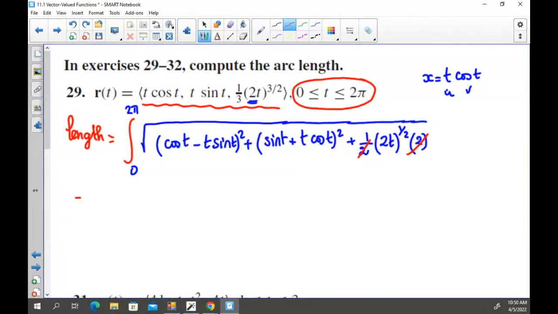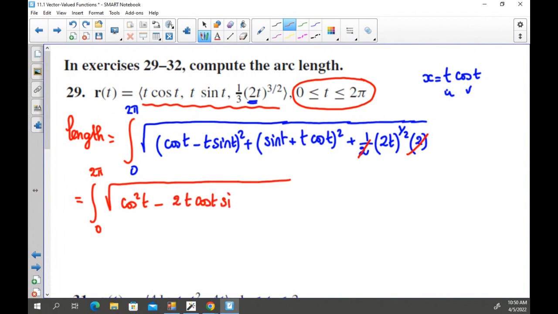And then I will open this bracket. So we will open the brackets. It's going to give us cosine squared t minus 2t cosine sine plus t squared sine squared t.